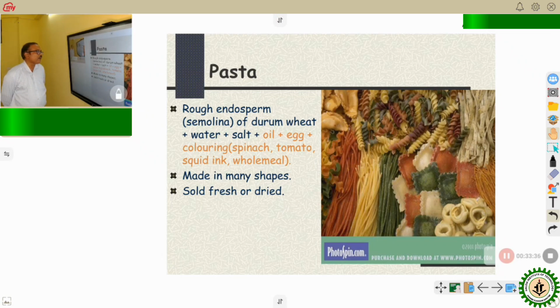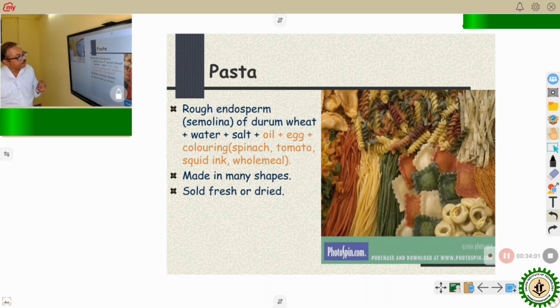Pasta. Pasta is commonly prepared from durum wheat, rough endosperm, semolina. The definition is such that the particles of ground durum wheat will pass through a number 20 screen, but only 2% or less will pass through a 100 mesh screen, US screen.